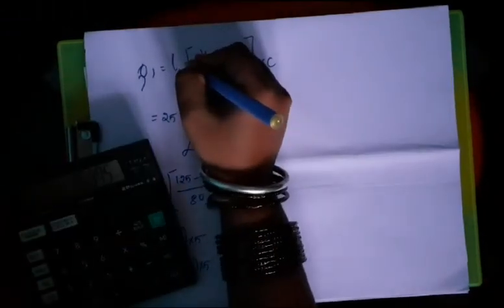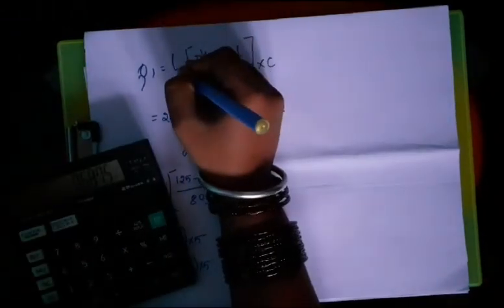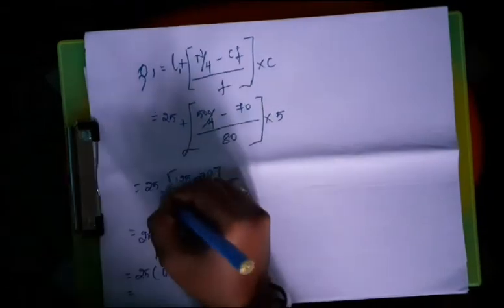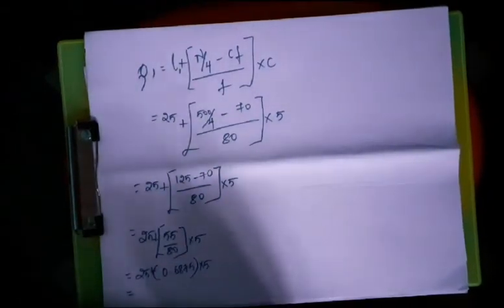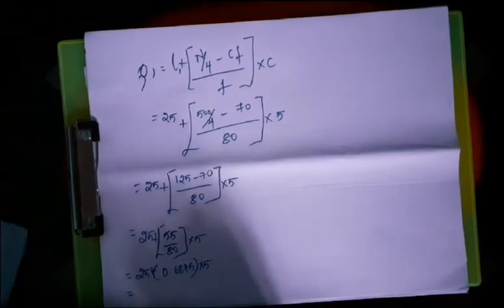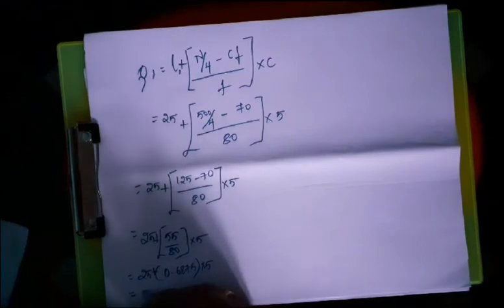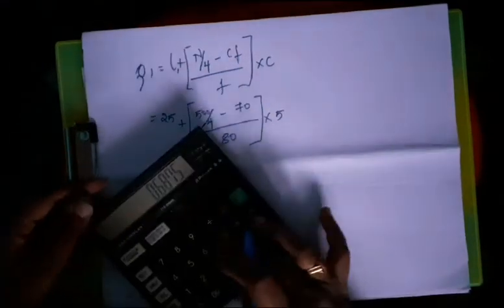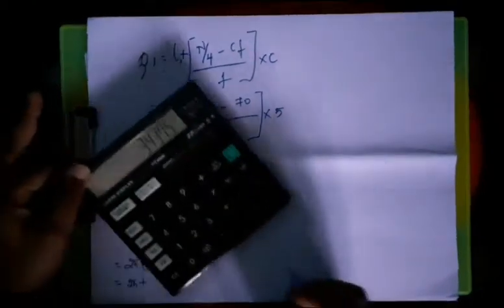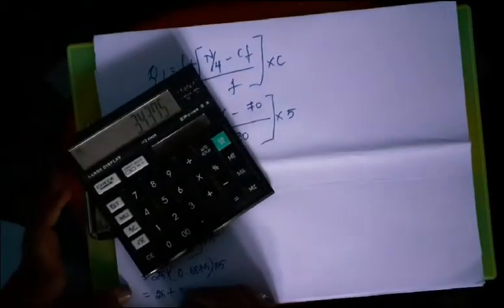Here you have a plus sign. Sorry, I had forgotten this. Add it. So 25 plus 0.6875 into 5, which is 3.4375.